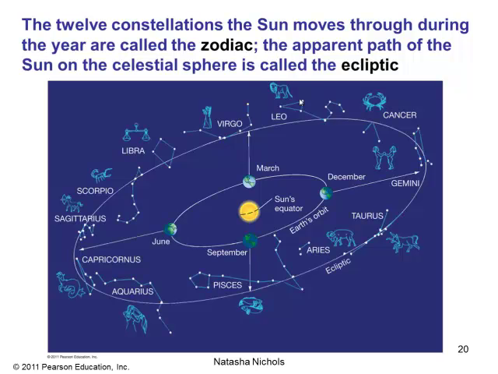The arrows indicate the most prominent zodiacal constellations in the night sky at various times of the year. For example, in June, when the Sun is in Gemini, Sagittarius and Capricornus are visible at night.